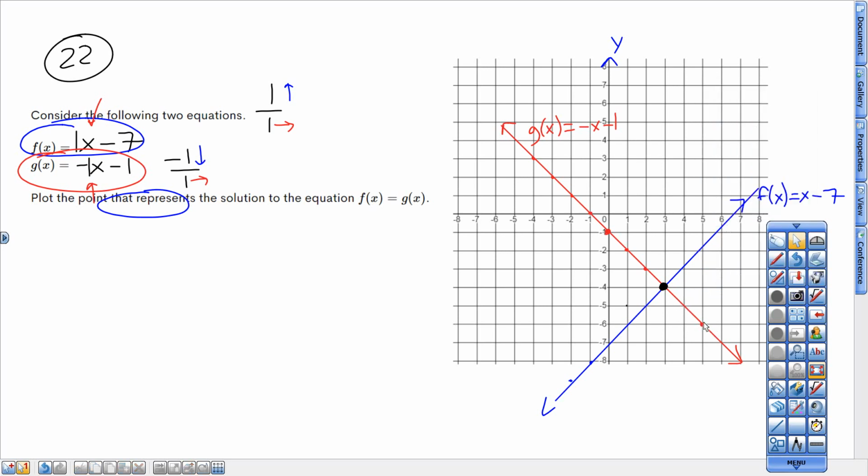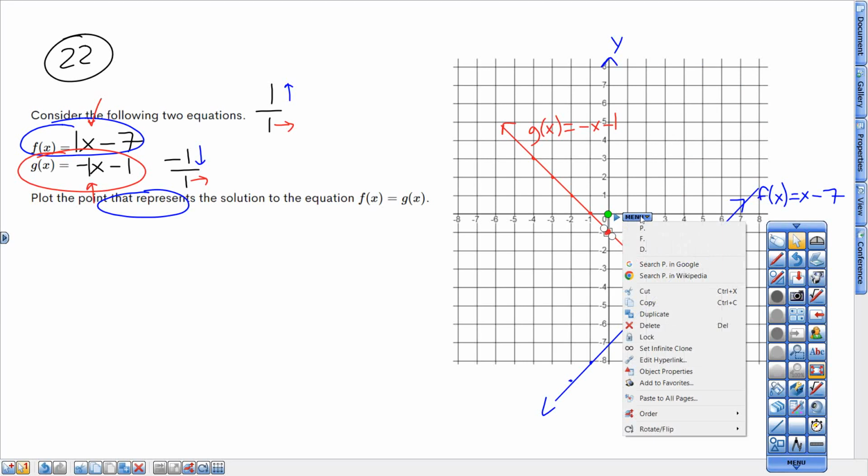Only plot that point. People who are really listening to me, they're not going to put all those dots. They're going to delete those dots and only have the solution dot. And again, be patient with me as I try to delete these dots like some people are going to do who are really listening.